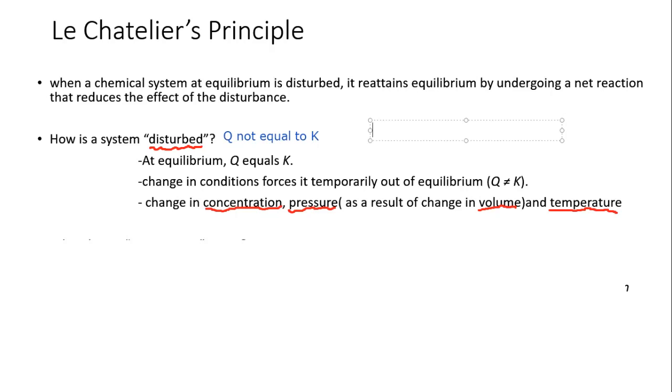So for example, we have food plus heat yields spoiled food. So when we don't want to spoil our food, we take it into the refrigerator.